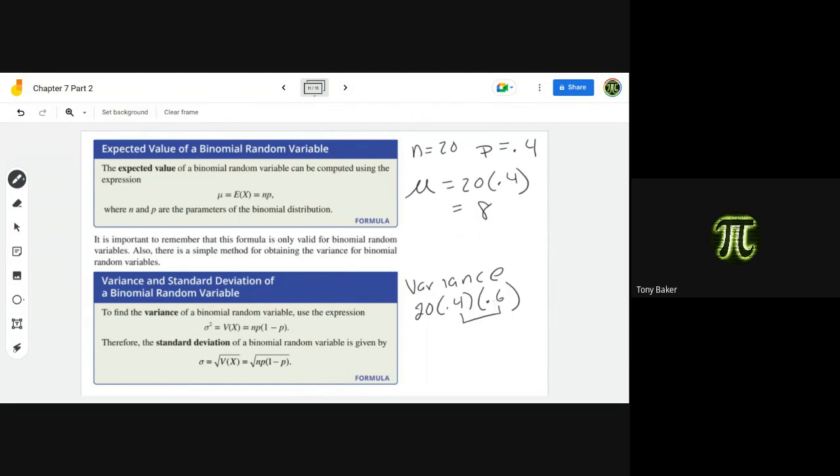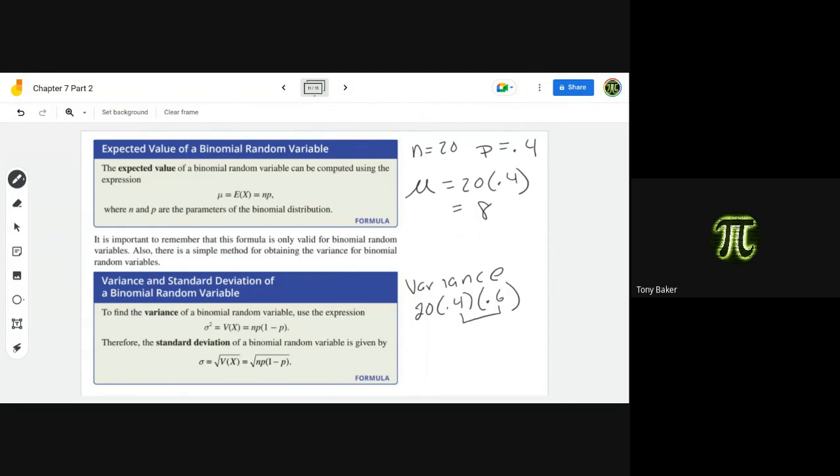It's the success times the failure, basically. Expected value is just 20 times 0.4. Variance is N times P times 1 minus P, which is the opposite of P. So those two parentheses should always add to 1.